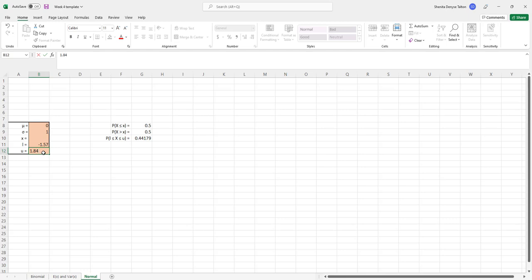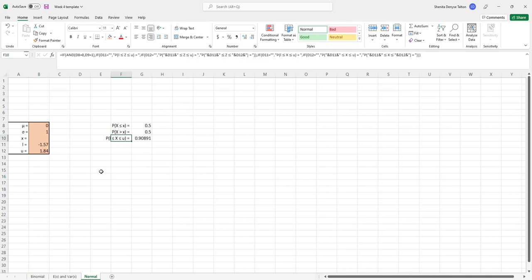Now unfortunately, I don't have the skills to design Excel to produce a picture for you like StatCrunch does, but I can do the Excel commands and it gives you the correct answer. So in this one it is 0.909, and that's what we calculated. So you want this one here where X is in between those two values, and we get 0.909. Okay. All right.